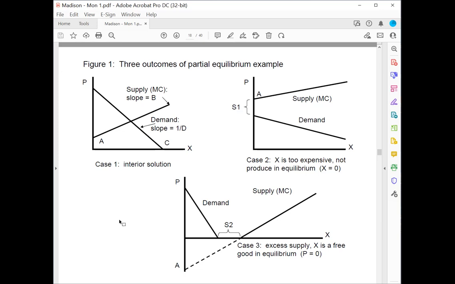We don't run into this much, but things like quotas or pollution permits can have this solution where there's just too much of a supply. The quota level or the number of pollution permits is greater than the number demanded even at a 0 price.